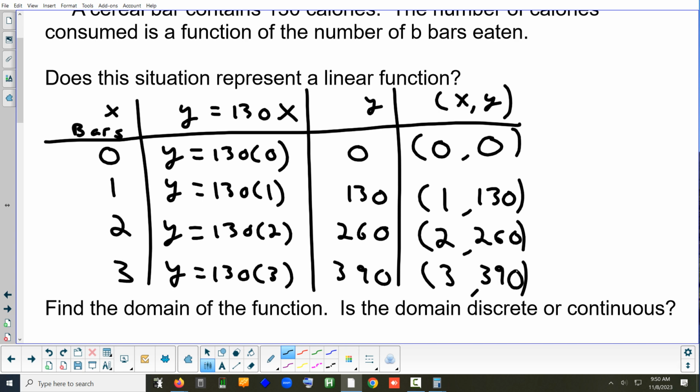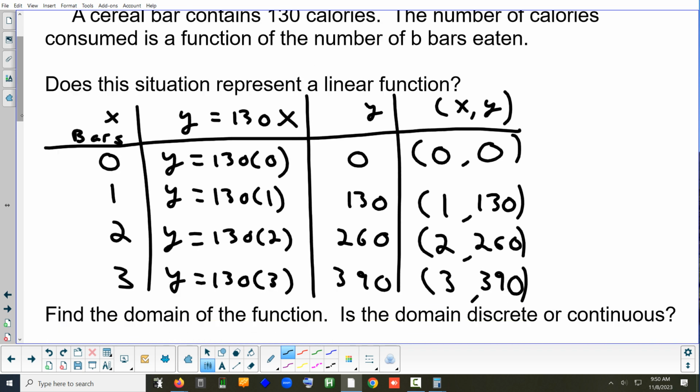So now it asks us, does this represent a linear function? Okay. For a linear function, you're checking to see if you add the same thing each time. How do you get from 0 to 1? And then 1 to 2? And 2 to 3? Okay, so you keep adding 1.